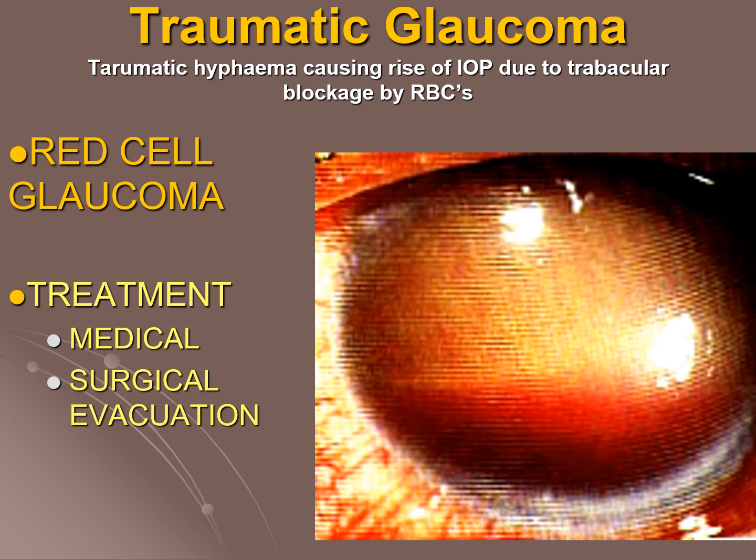What is traumatic glaucoma or red cell glaucoma? In traumatic hyphaema, due to trauma, blood accumulates in the anterior chamber. It causes a rise in intraocular pressure due to blockage of the trabecular meshwork by red blood cells. Whenever there is a hyphaema, which is blood in the anterior chamber, you always consider two things that are very important in the examination.